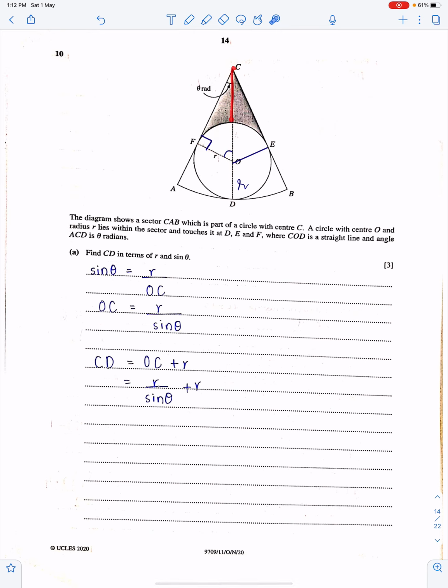So first work for CO. For CO you need to consider this triangle. Let me draw this triangle here. This is theta, this is C, F and O, R. We need CO. CO is the hypotenuse, this is the opposite.